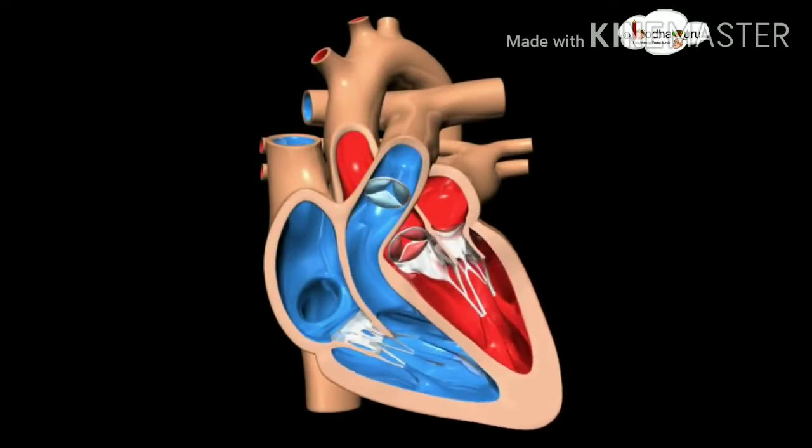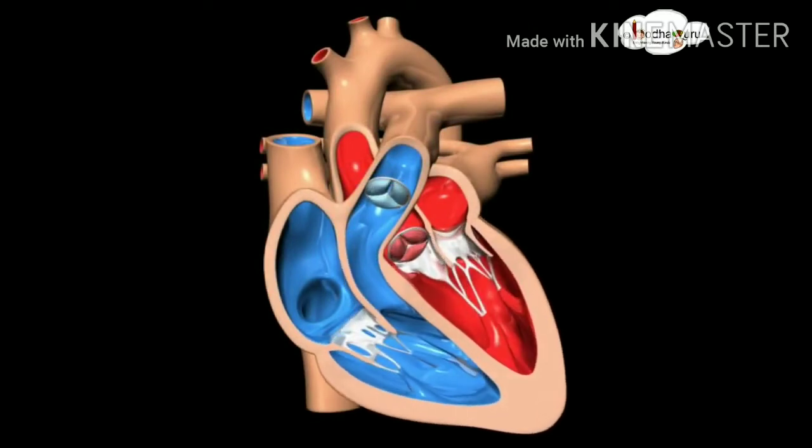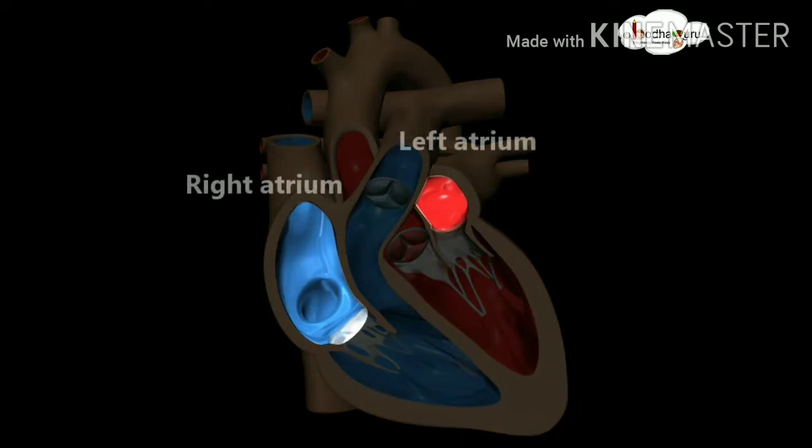The heart is divided into 4 chambers. The 2 upper chambers of the heart are called the right atrium and left atrium.